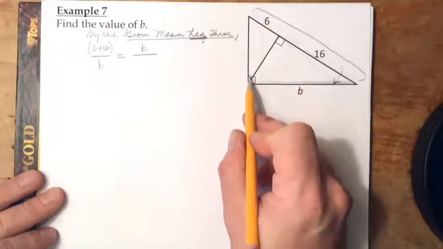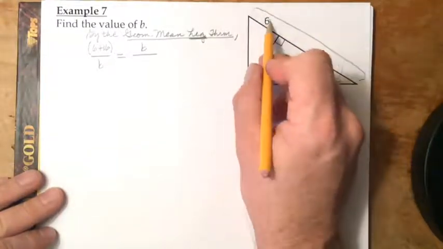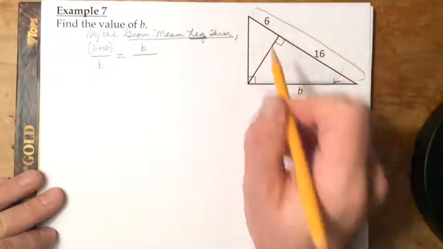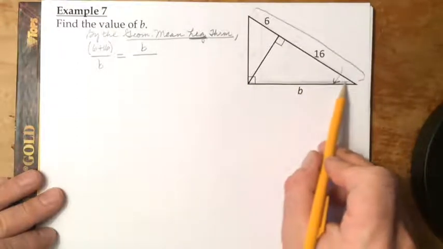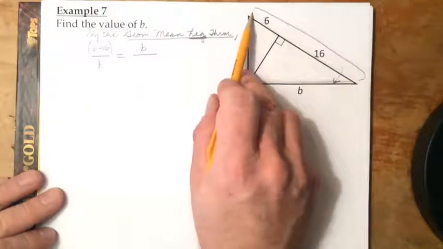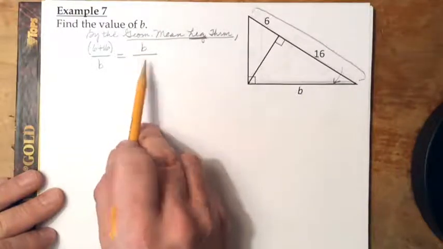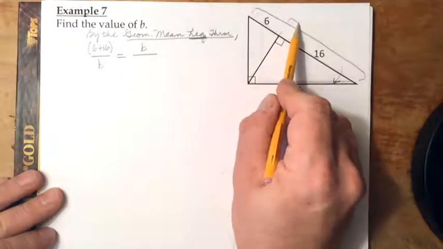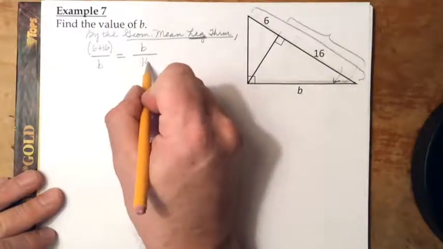If we had been talking about this leg in the big right triangle, then we'd use this segment. So that's the other case. Well, anyway, back to this case. Since this is the leg we're using, then it's the hypotenuse, which is 6 plus 16, and then the other extreme is this part right here that's closest to this leg, 16.